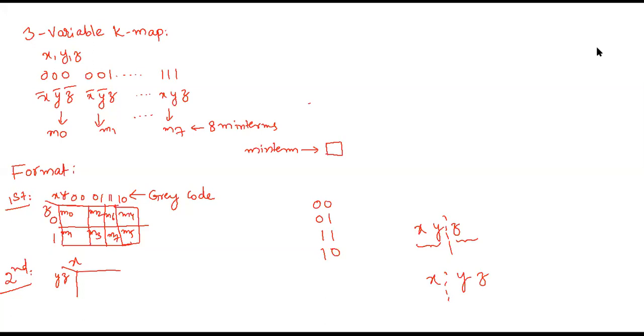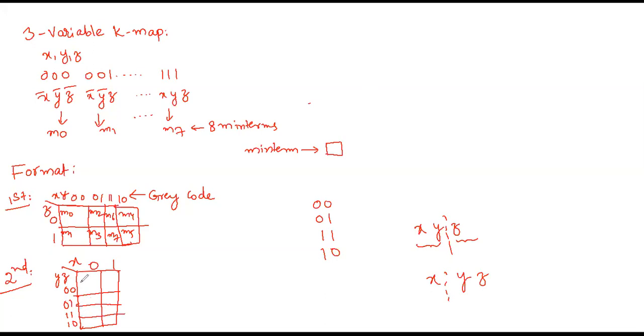With single variable X, the gray code will have only 0, 1 sequence. YZ, two variables, write down the gray code sequence 0 0, 0 1, 1 1, 1 0. Now try to draw the square boxes.